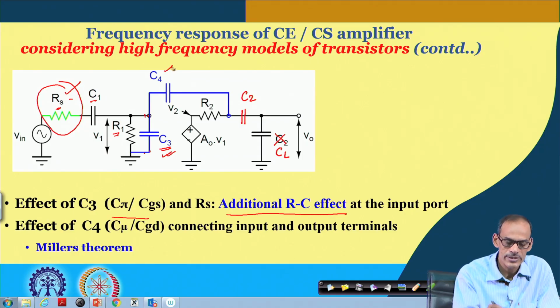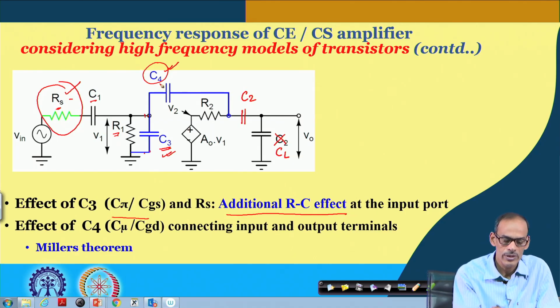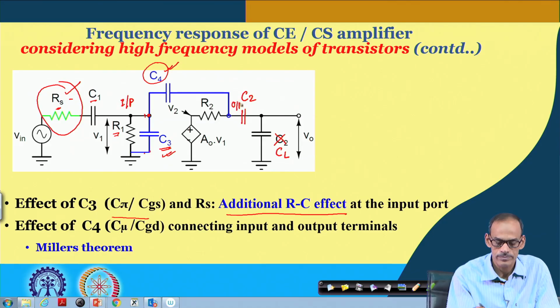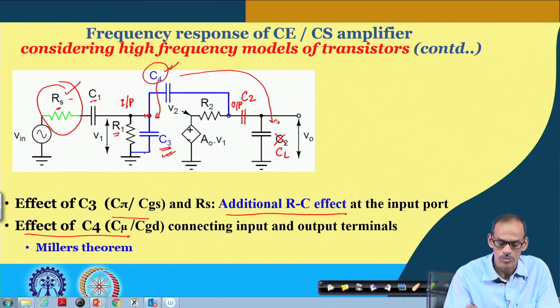In fact, we also have this capacitive element, but before we translate it, we need to be careful that C4 is connected between the input port and the output port of the amplifier. So, we need a special treatment to translate C4 into two equivalent elements, one at the input port and another at the output port.